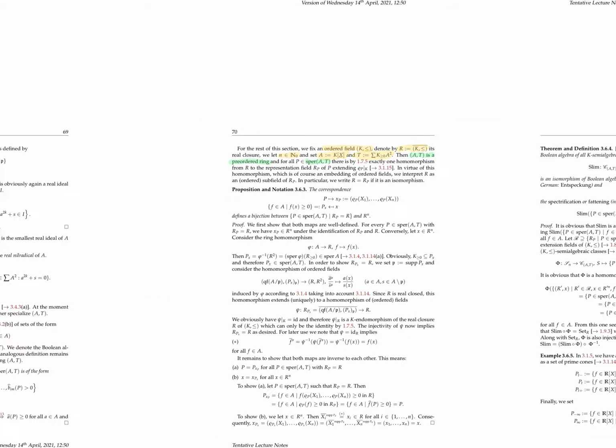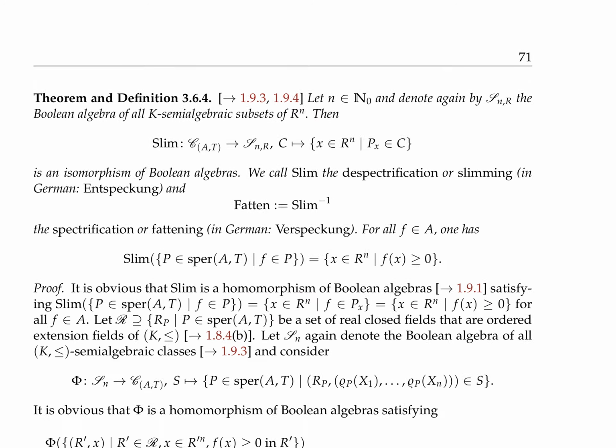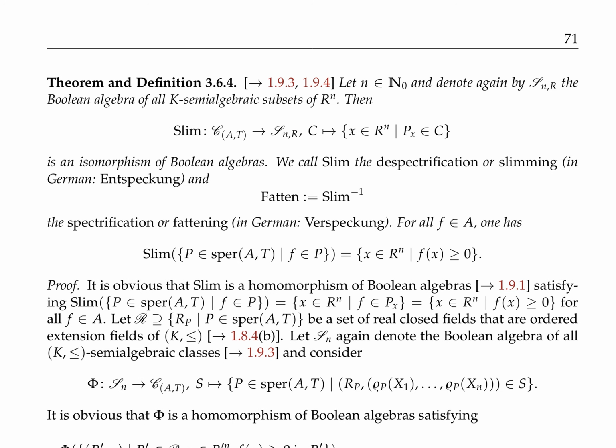We had certain results, and maybe the most relevant was with slimming. So we looked at the constructible sets of AT. Just in the last lecture we defined the constructible topology. It was generated by certain sets.